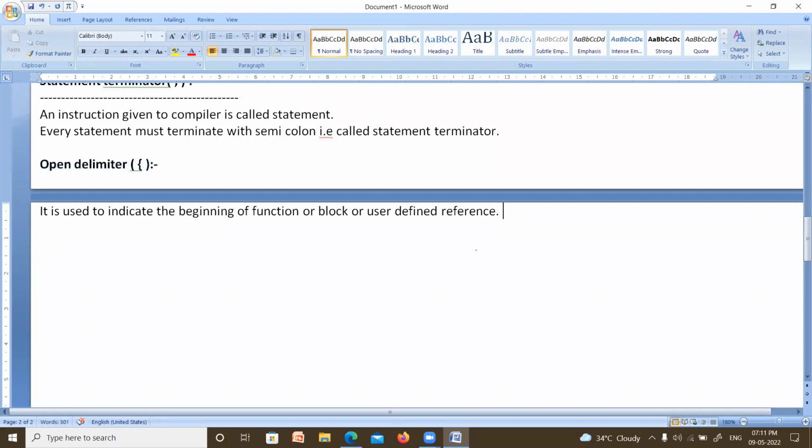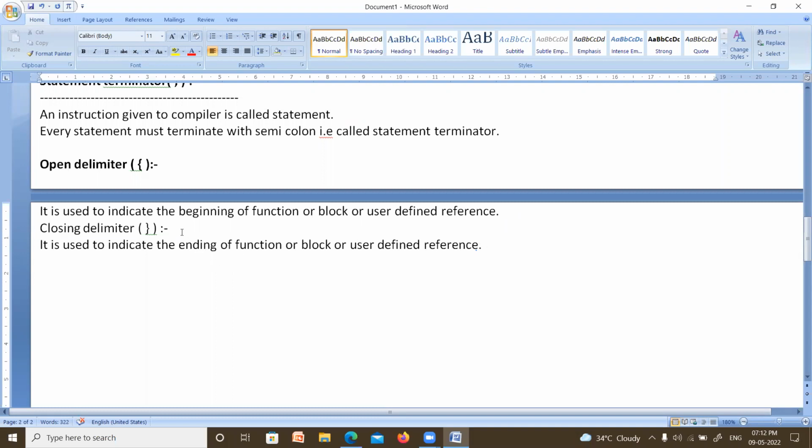Now, what is the use of the closing curly bracket? It is known as the closing delimiter. It is used to indicate the ending of a function, block, or user defined reference.